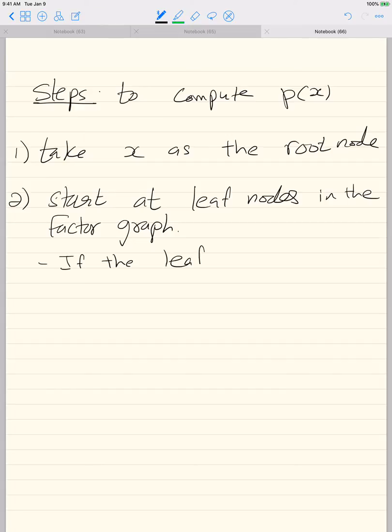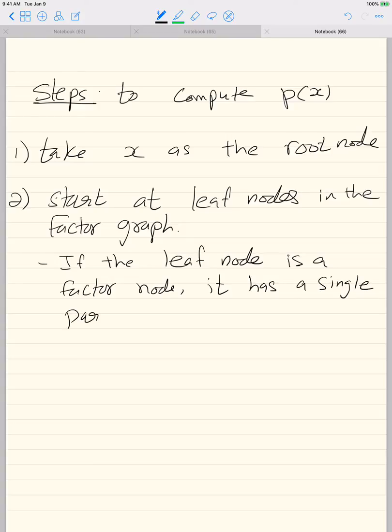If the leaf node is a factor node, it has a single parent node x, and what you do is you set the message from f to x to equal f(x).